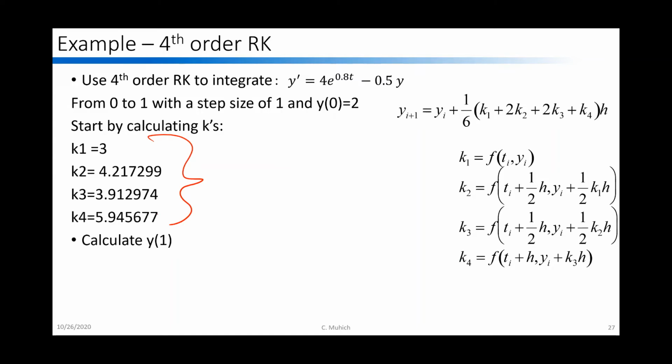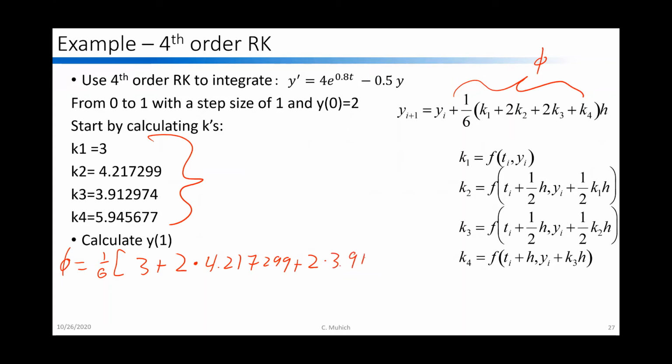Remember, this is phi, so we can say phi is 1/6 times k1, which is 3, plus 2 times k2, which is 4.217299, plus 2 times k3, which is 3.912974, plus k4, which is 5.94567.